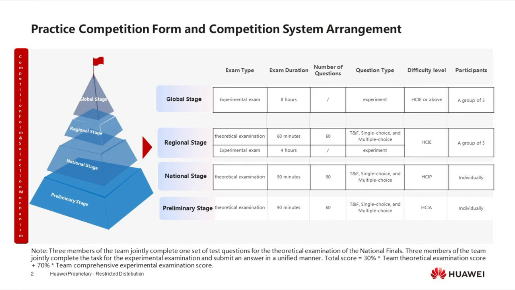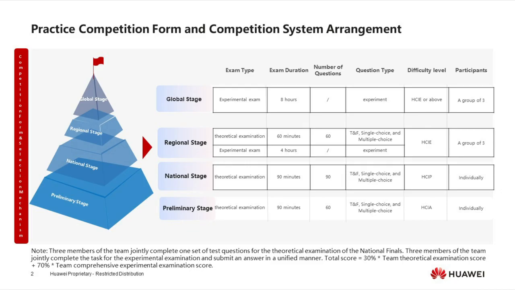For the experimental examination part, you need to finish it together as a group. As you can see here, you can read it carefully. In the regional stage, we have 2 examinations: one is the written examination, and the other is the experimental examination.